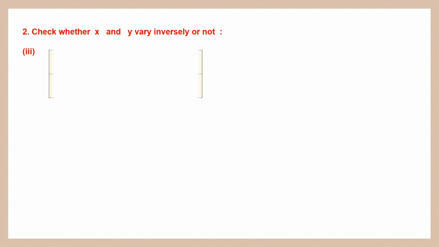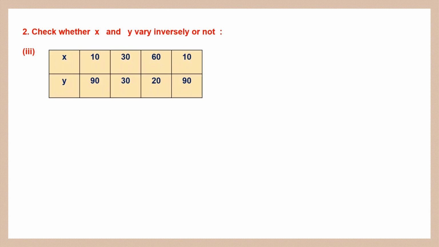Question 2, the third table that we have here. Here also we need to check and see whether x and y vary inversely or not. So for that also remember x1, y1, x2, y2, x3, y3 and x4, y4 should be a constant. So let's begin. x1, y1 is 10 into 90. 9 ones are 9, add the two zeros, 900.